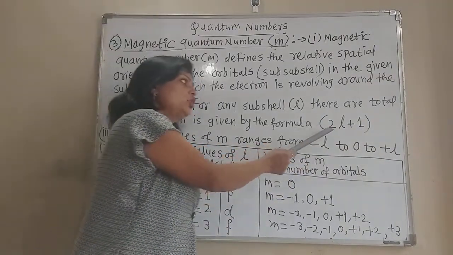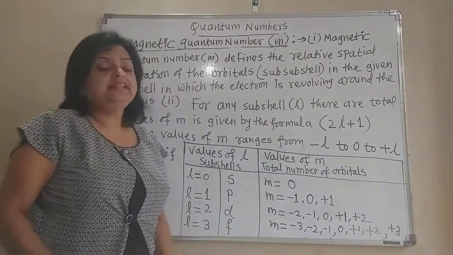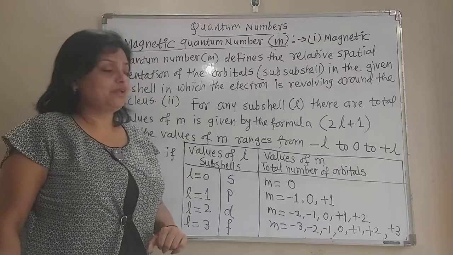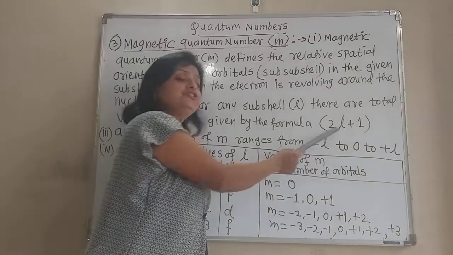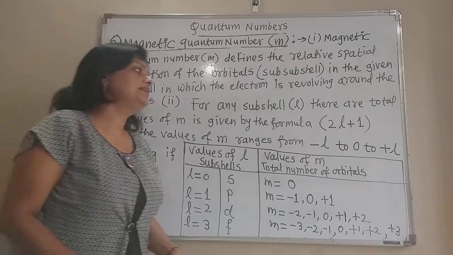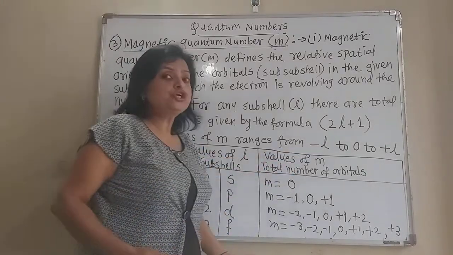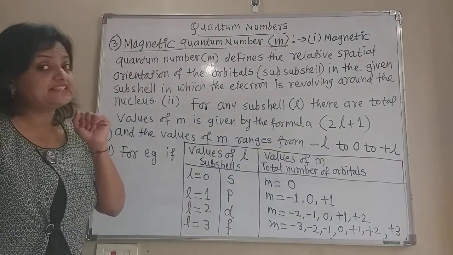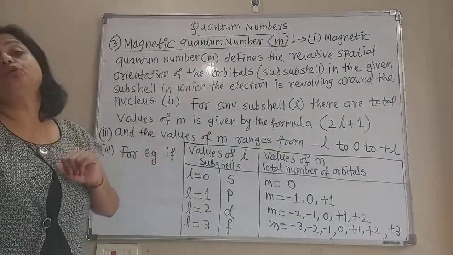So if the value of L is 1, there are 3 orbitals in that subshell. But if the value of L is 0, then 2 into 0 is 0, plus 1, that is equal to 1.